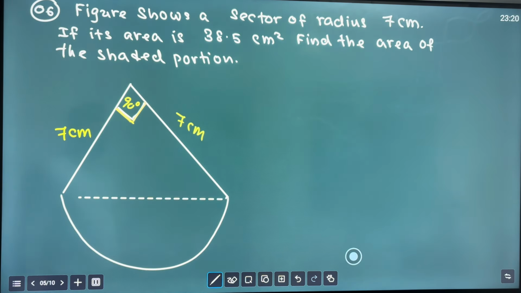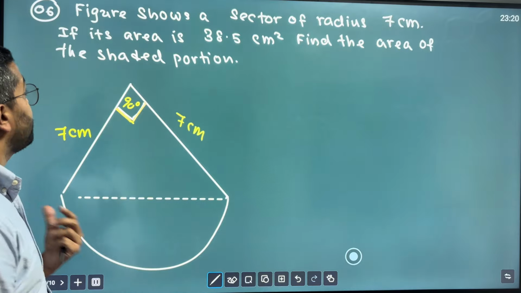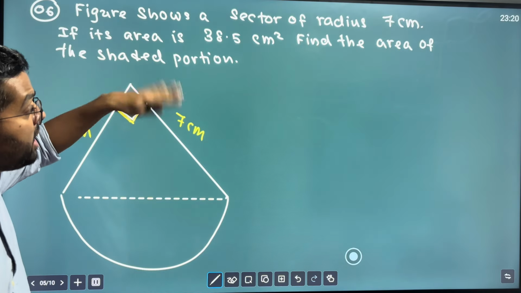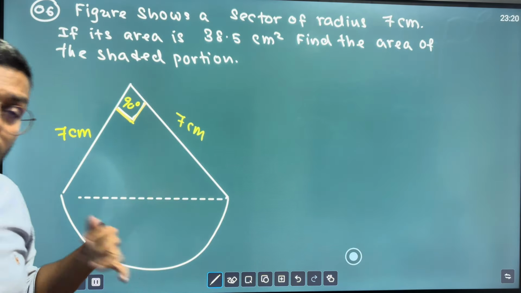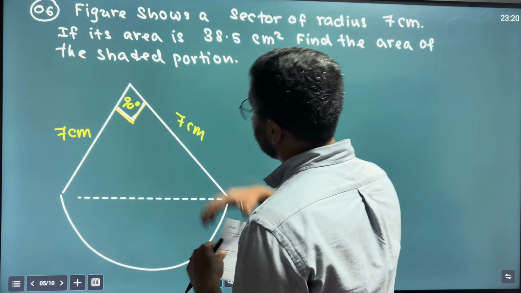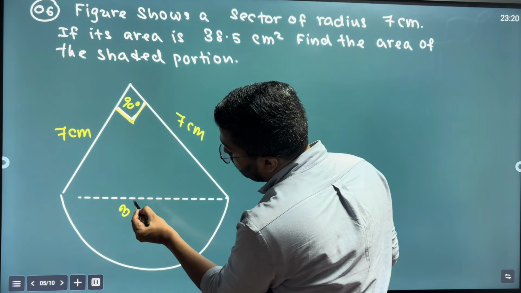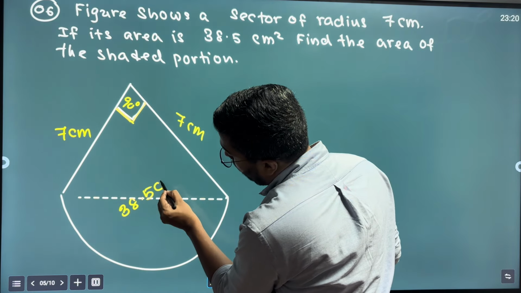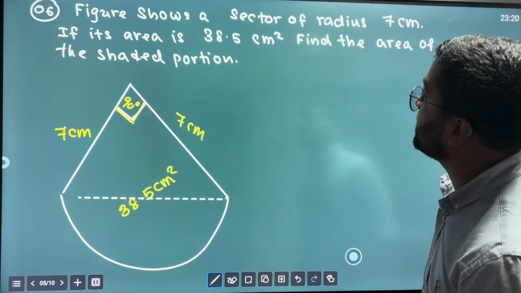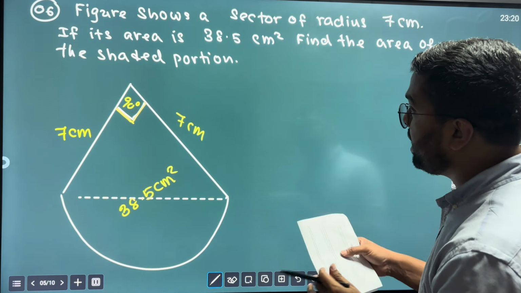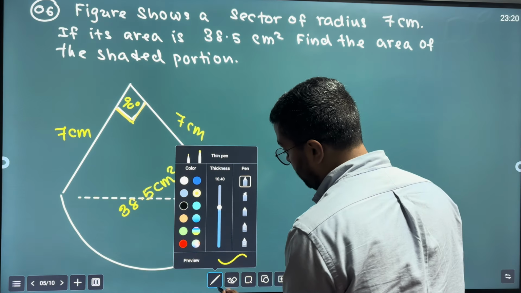Figure shows a sector of radius 7 centimeters. Now the area of the total sector is given as 38.5 square centimeters. Now we know the area of the total sector as well. Find the area of the shaded portion, right?